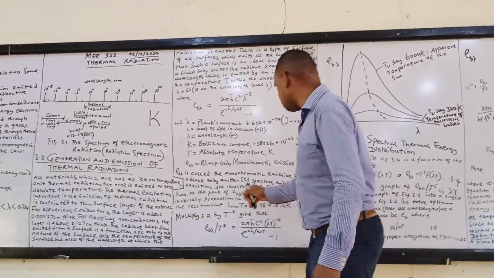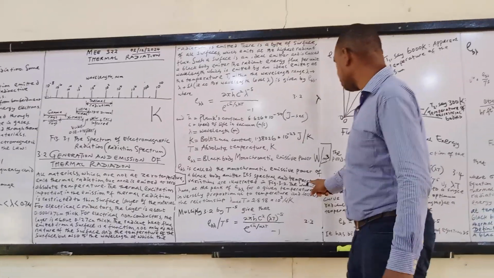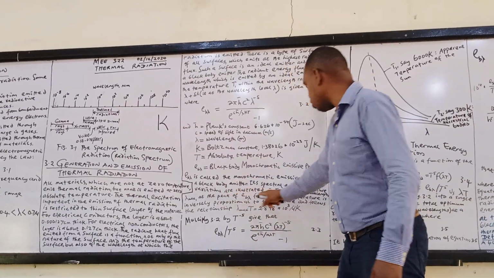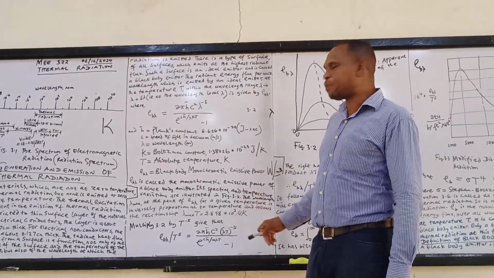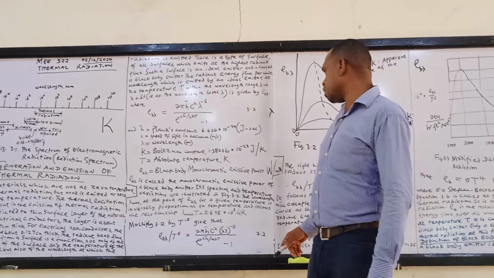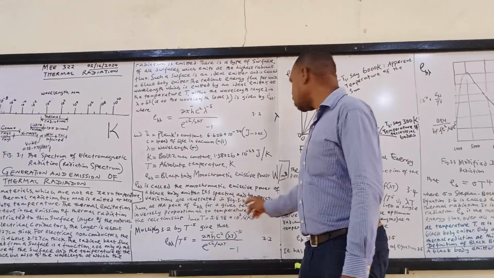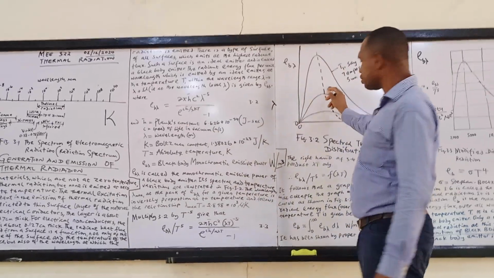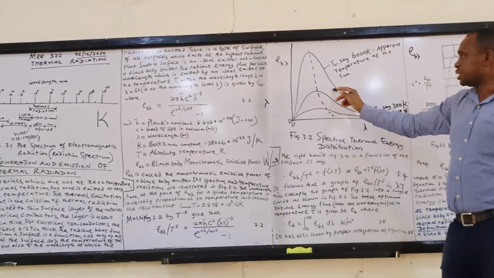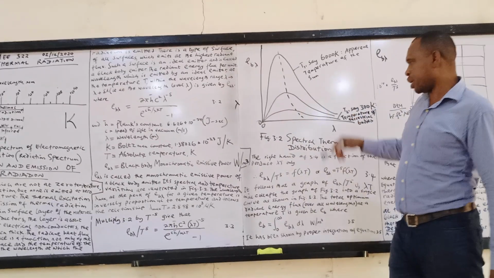So okay, the spectra and temperature variations are illustrated with Figure 3.2. The spectra and temperature variations of this E_b lambda are illustrated. Are you seeing it? Okay.